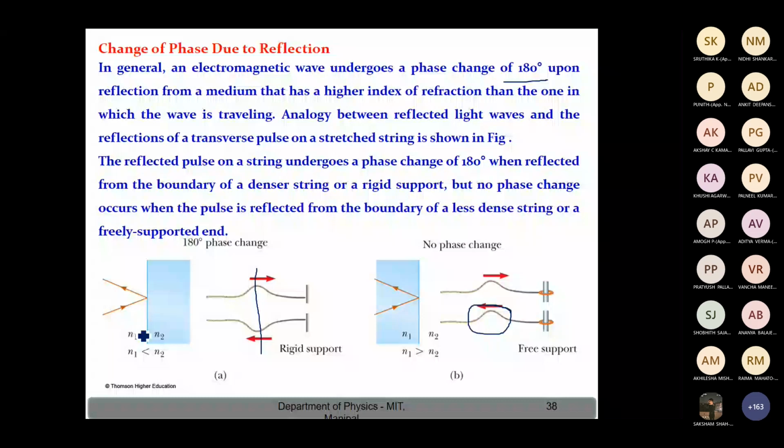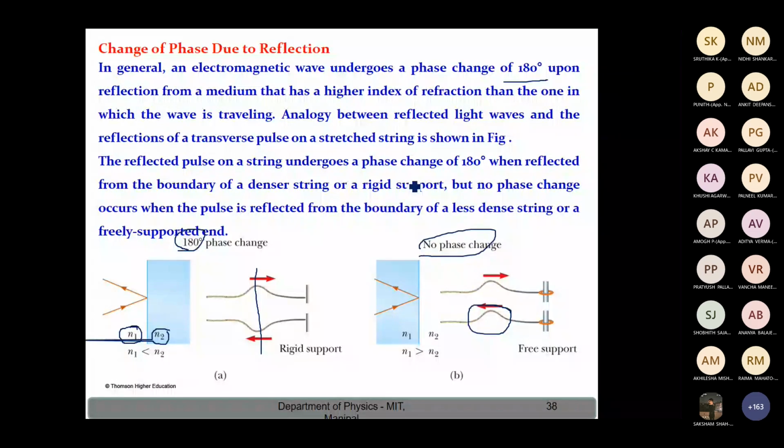If it is the other way around, if the light is traveling from a denser medium towards a rarer medium and gets reflected, then there is no phase change. So phase change happens when there is reflection from a medium of higher index of refraction.